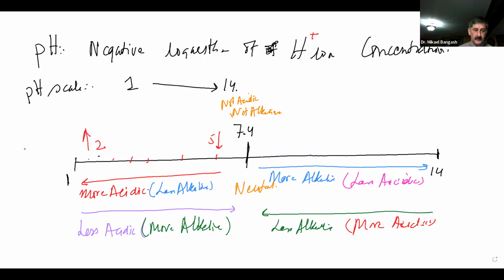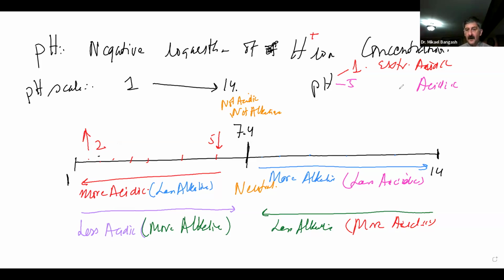So when you talk of a pH number on the scale, for instance, 1 is extremely acidic. We can, for instance, also say we had a pH of, let's say, 5. This is still going to be acidic because it still falls on this side of the pH scale.